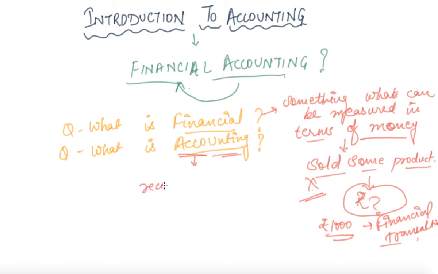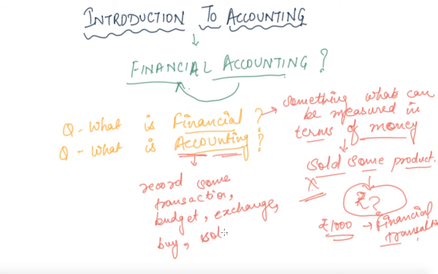Say we record some transactions, make a budget, engage in some transaction, say exchange of product, buy something, sold something, etc. We call it either record or make some budget, exchange, buying, selling.